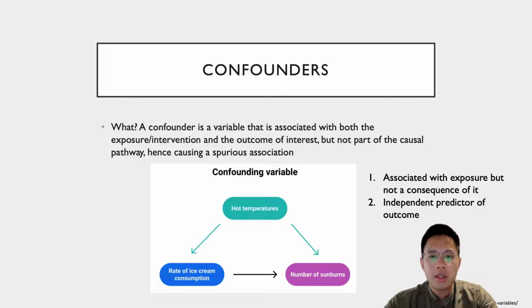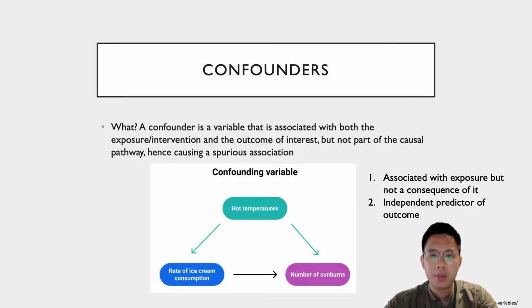The hot temperature, which is the confounding variable, is associated with both the exposure, which is the ice cream consumption, but the nature of the association is not from the direction of the ice cream consumption causing hot temperatures. In fact, it is hot temperatures that increase the rate of ice cream consumption. And the hot temperature itself does prognosticate or affect the outcome, which is the number of sunburns.